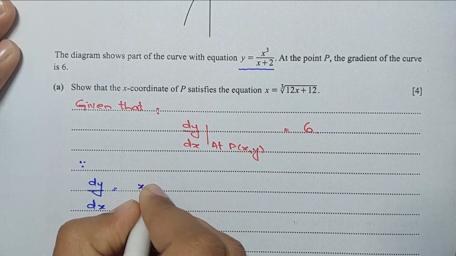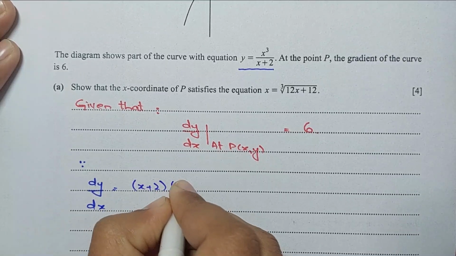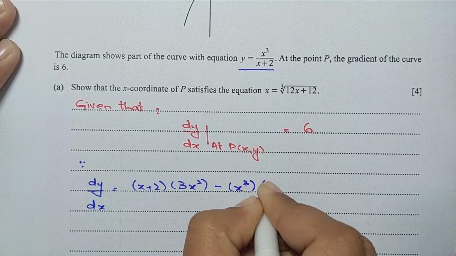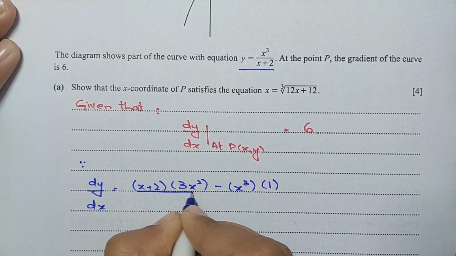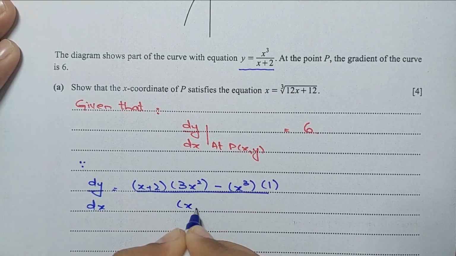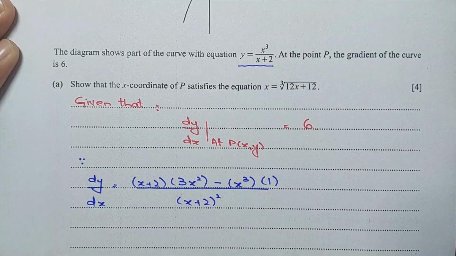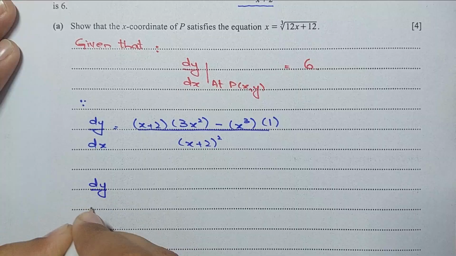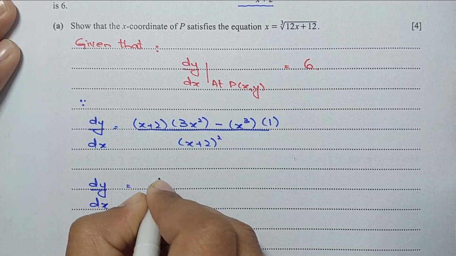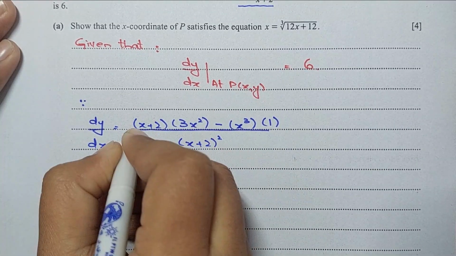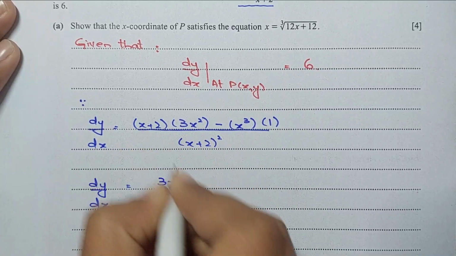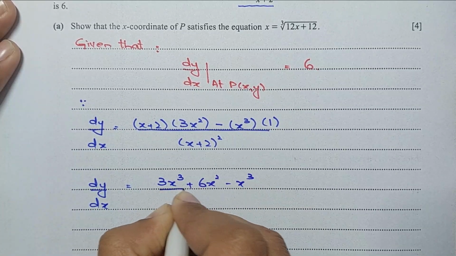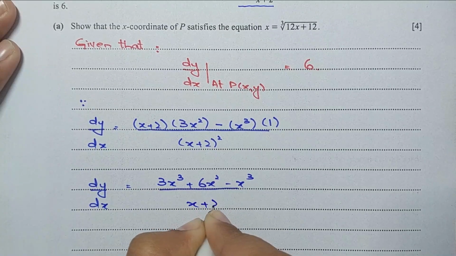The denominator function times the derivative of the numerator function, which is 3x squared, minus the numerator function times the derivative of the denominator function, divided by the denominator function squared, x plus 2 whole squared. Okay, let me do one more step. Dy over dx is 3x squared multiplying with x would be x cubed, 3 times 2 would be 6x squared, minus x cubed, divided by x plus 2 whole squared.